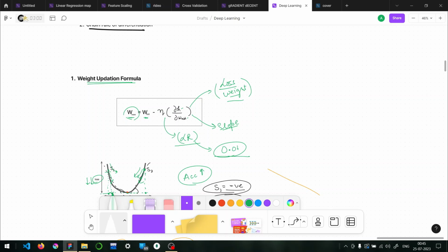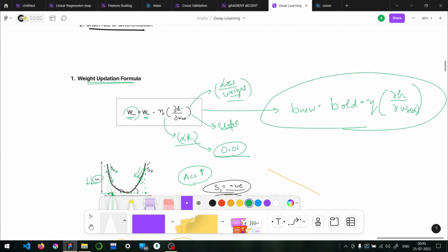And this applies not only to weight updation but also to bias updation: the new bias is the old bias minus the learning rate times the partial derivative of the loss function with respect to the bias, W0. You have to learn this expression in order to solve questions on weight updation and bias updation.